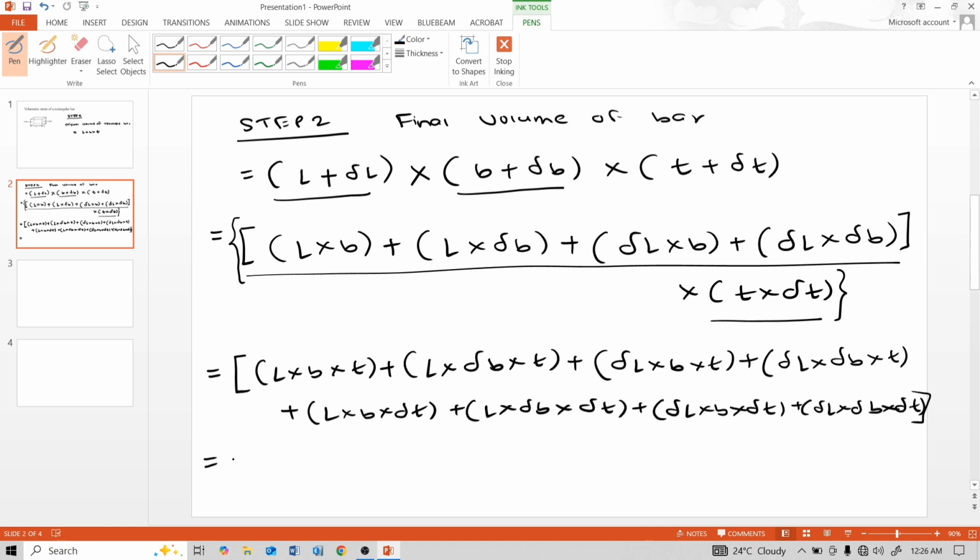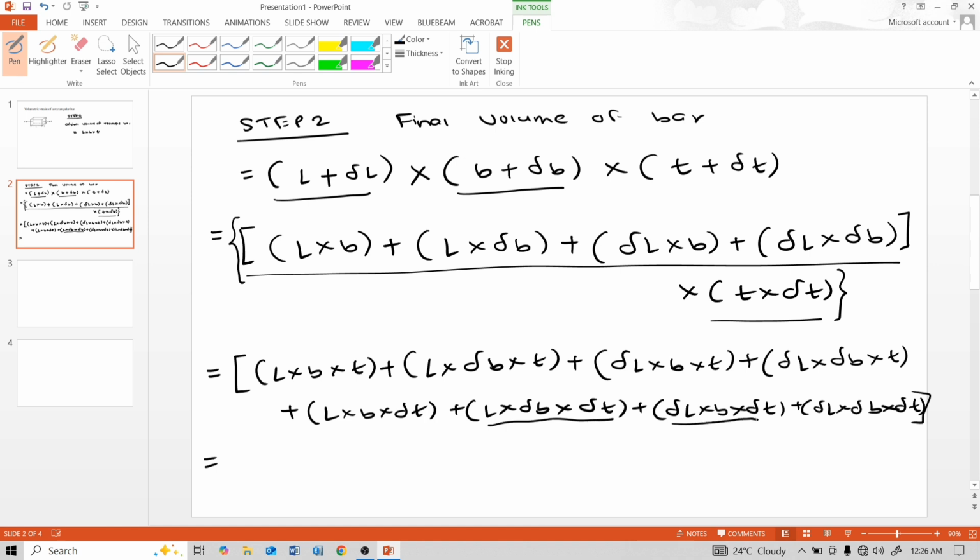So, ignoring products of small quantities, this change in breadth multiplied by change in thickness, ignore it. Why ignore it? This change in breadth is very small and change in thickness is also very small. Small quantity multiplied by small quantity is very small quantity and is equal to 0. So ignore it.